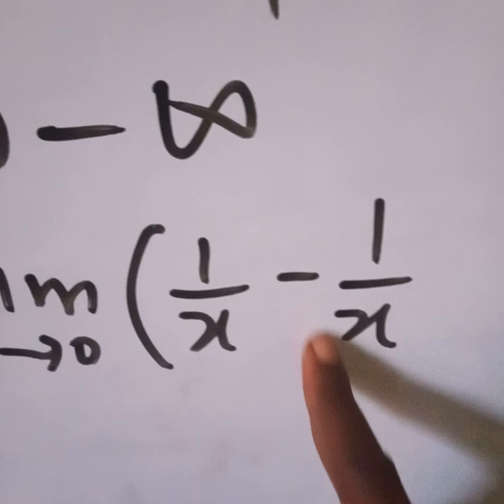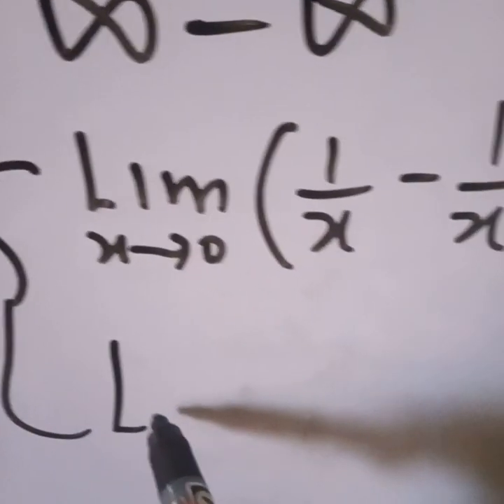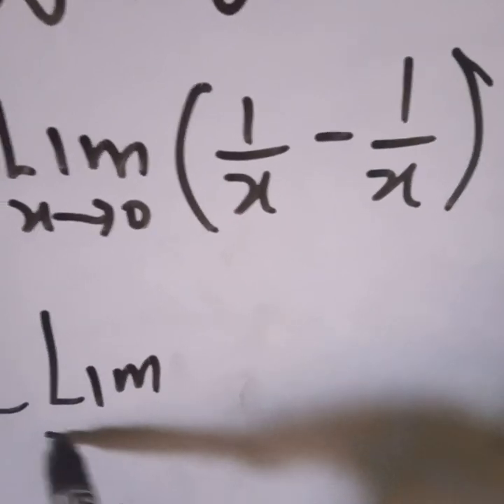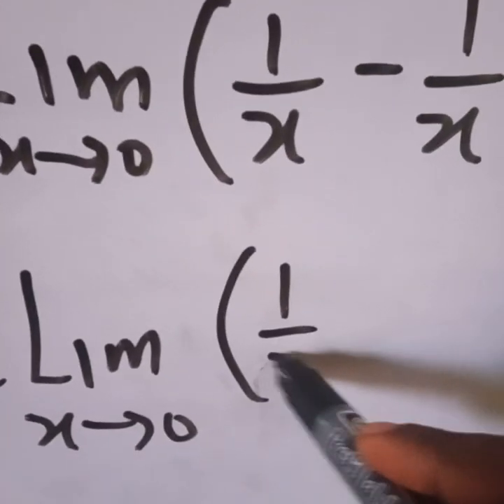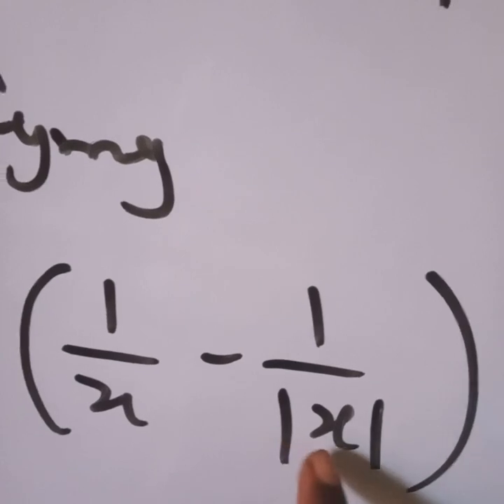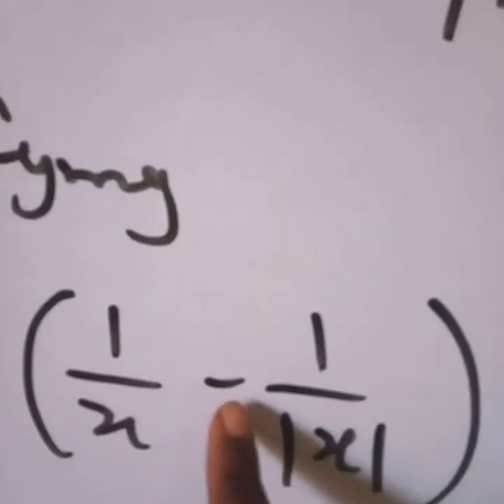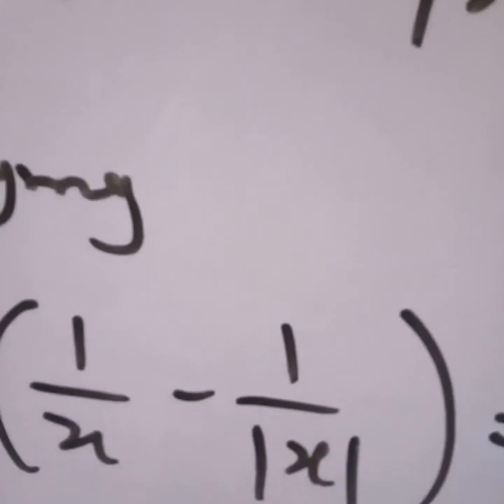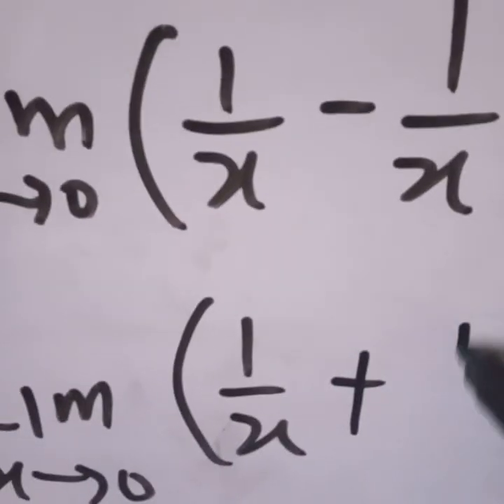Similarly we can write this as this, when the absolute value is negative, so this is supposed to be minus x. Due to this negative here, it will affect the negative here, so this will become positive 1 over x.